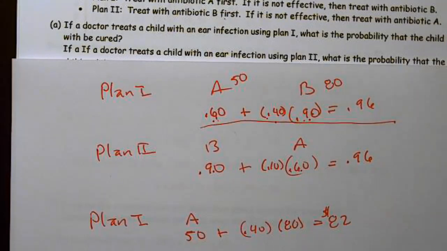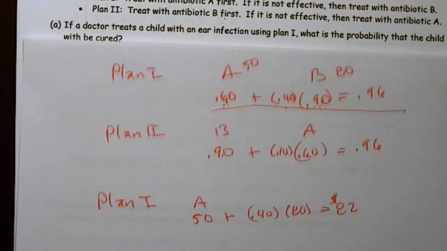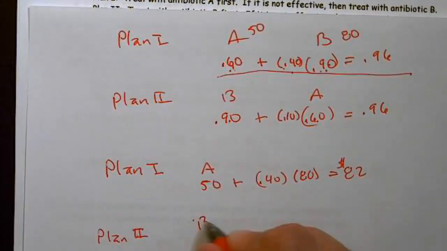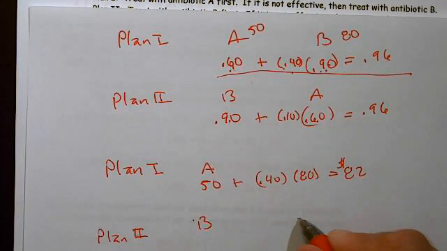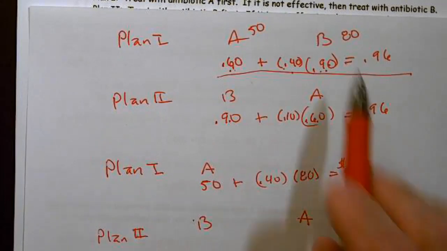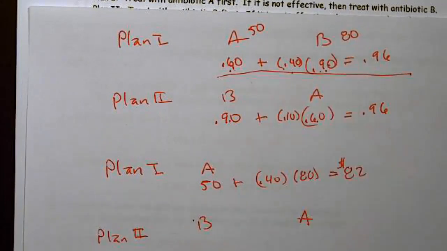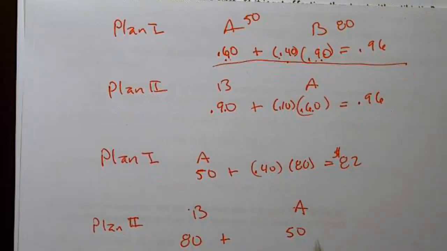With Plan 2, we're going to start with B first and then A. Drug B costs $80 and drug A costs $50. But I'm not going to have to use drug A all the time.